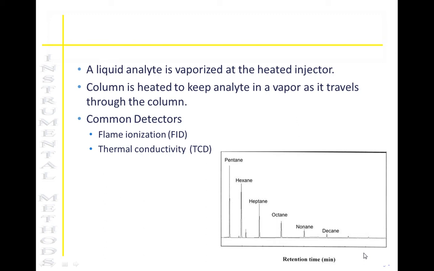There are usually two common detectors that are used on gas chromatographs, either a flame ionization detector, which relies on carbon-containing compounds exiting the column, which undergo pyrolysis by a flame, or a thermal conductivity detector, which relies on the thermal conductivity of matter passing around a tungsten filament that has a current applied to it. The data that you obtain from a gas chromatograph looks very similar to that on this slide.